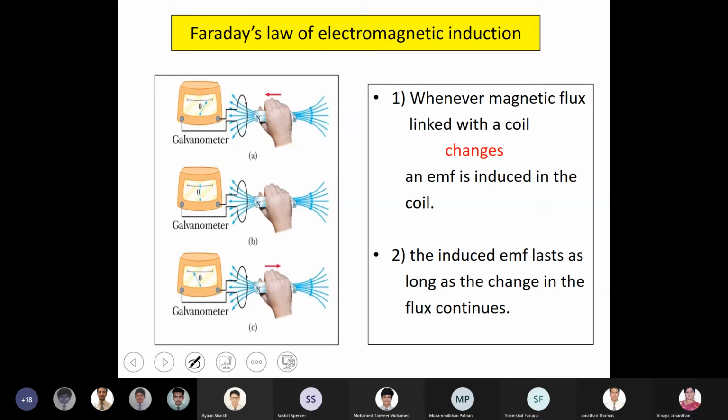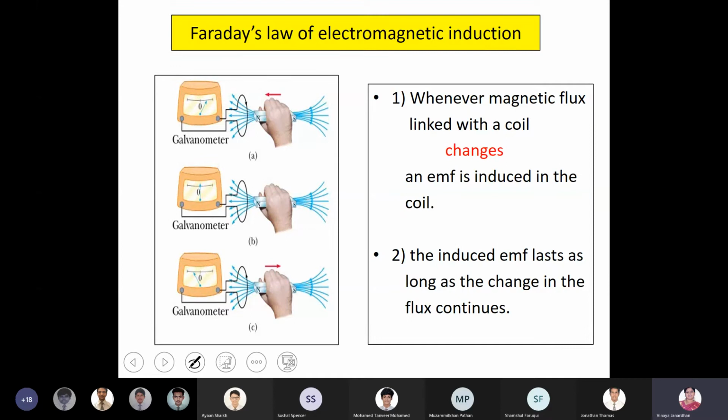Complete this. Whenever the magnetic flux linked with the coil changes, an EMF is induced in the coil.